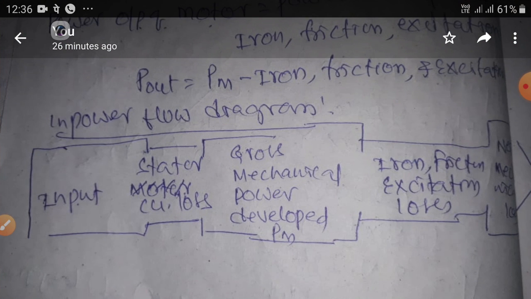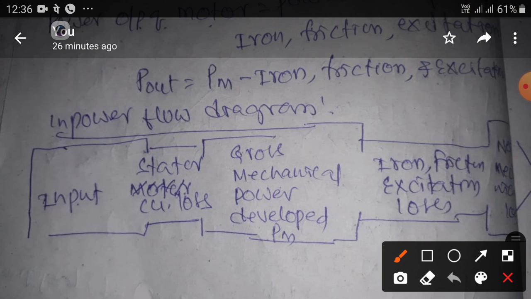Now coming to the power flow diagram and the power equations. The motor input supply is given here, and from the motor input it develops some energy, which is the gross mechanical power developed, going to the prime mover.